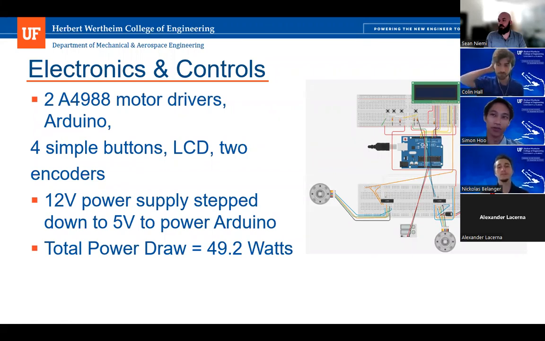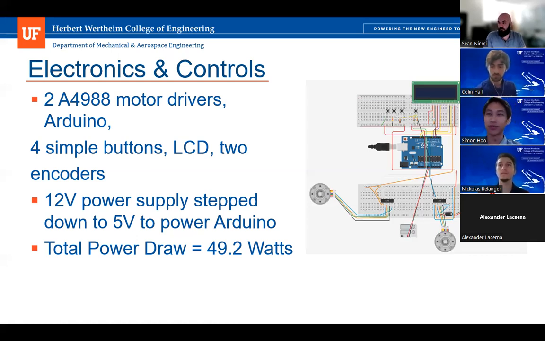And all of this is going to be controlled by an Arduino Uno, and all of the information from the Arduino is going to be displayed on an LCD screen that is attached to it. And then also we have the capability for 2 encoders to be attached to our Arduino as well.